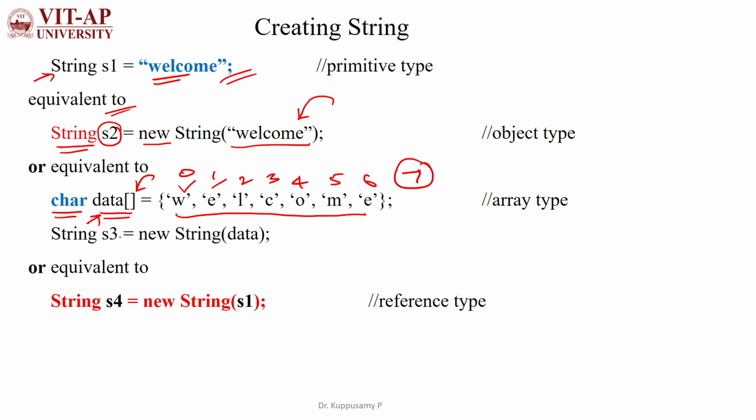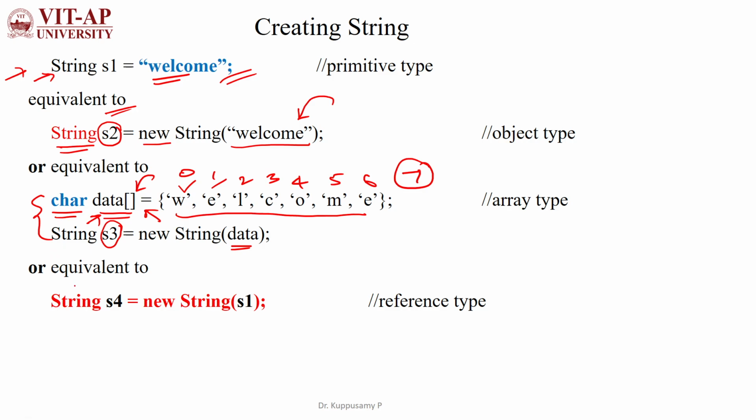And here this one can be converted into a string by converting the character data type variable data into a string, which is assigned to the variable s3. So this is equivalent to these two statements.